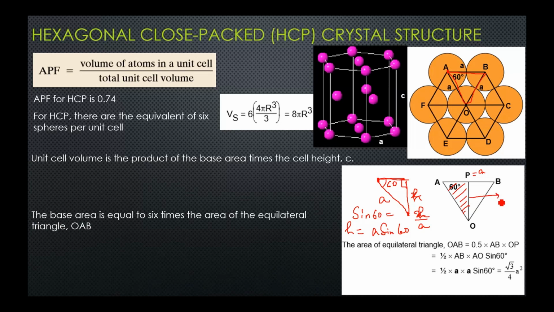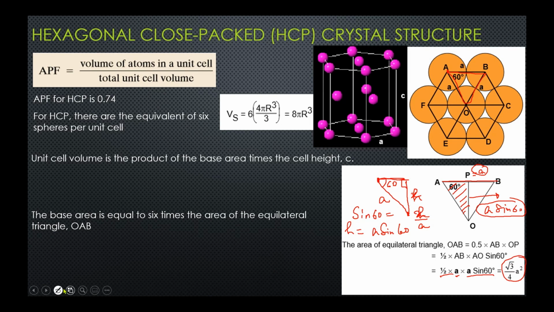So this length is essentially A sine of 60. Now if you have to find the area of the triangle, it is half multiplied by base, which is A, multiplied by the height, which is A sine of 60. So half into A multiplied by A sine of 60 would give you root 3 over 4 A square. Clear enough?